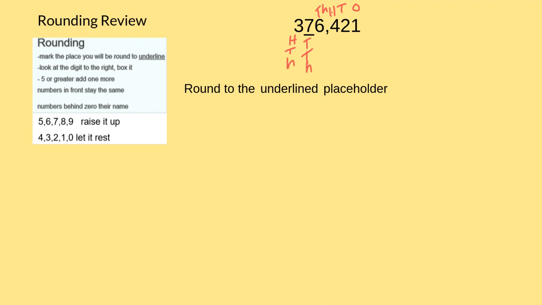Now, the reason why I just made that really fast, I know it's a little messy, is because if we are going to round to the underlined placeholder, we need to know what that placeholder is. And I see after I made my little makeshift place value chart that that underlined digit, that 7, is in the 10,000s place. Okay, so I'm going to erase this, and we know we're going to be rounding to the nearest 10,000.